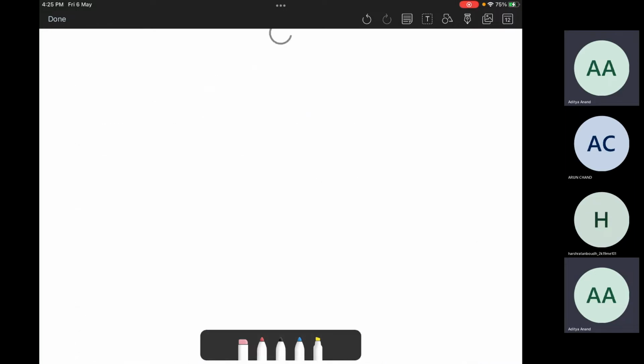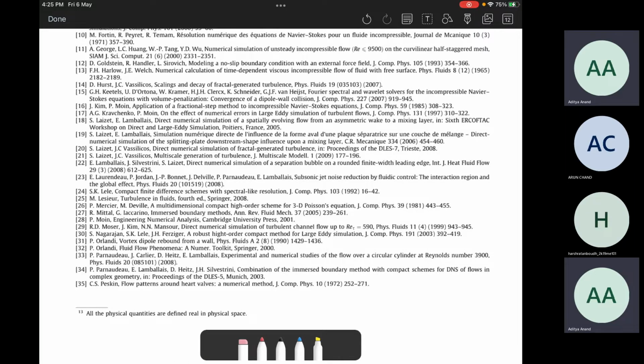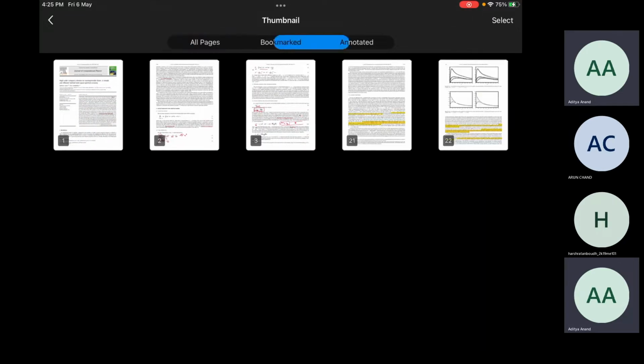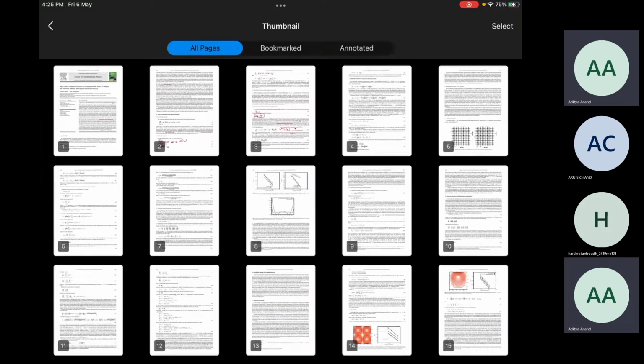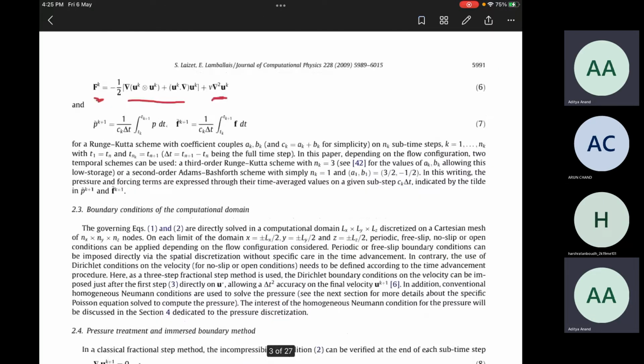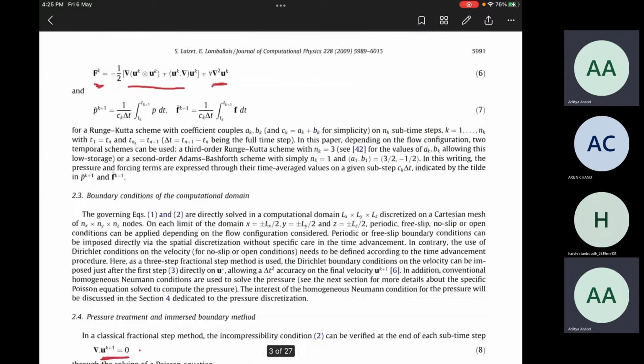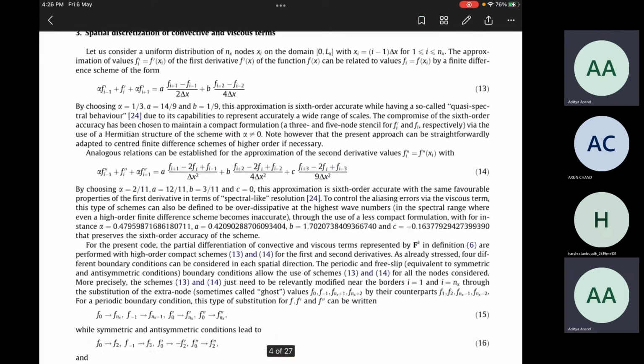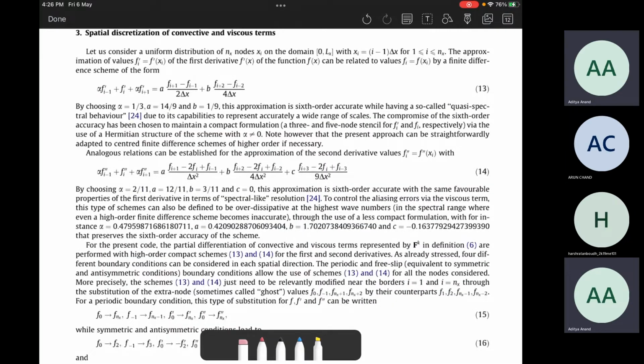So alpha is 1 by 3, A is 14 by 9, B is 1 by 9. Also, for the second derivative, they've used alpha of 2 by 11, A of 12 by 11, B, C.